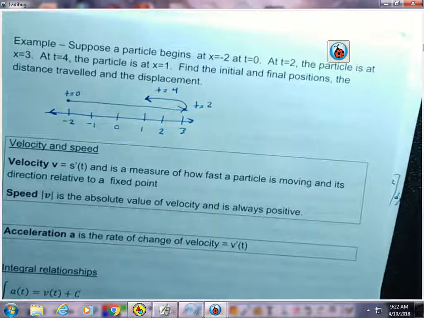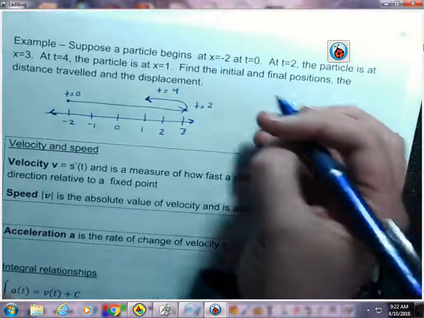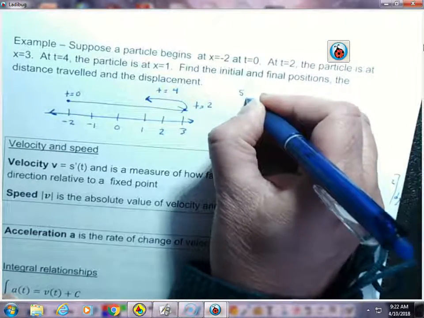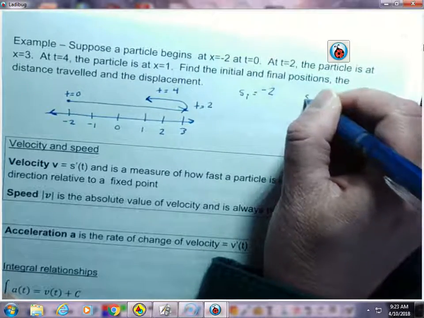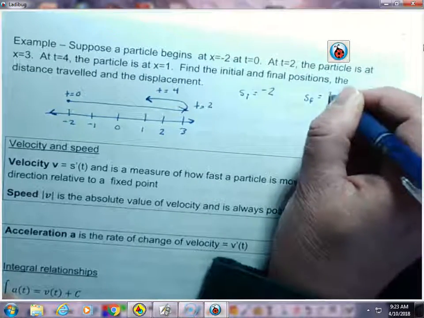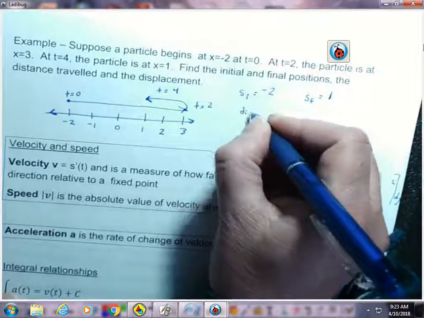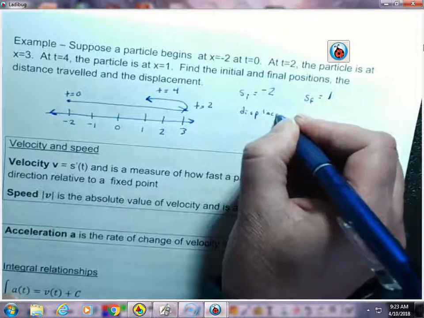All right, so it says find the initial position. What is that? Perfect. Final position. Okay, so I'm going to do displacement first because it uses what you just told me.